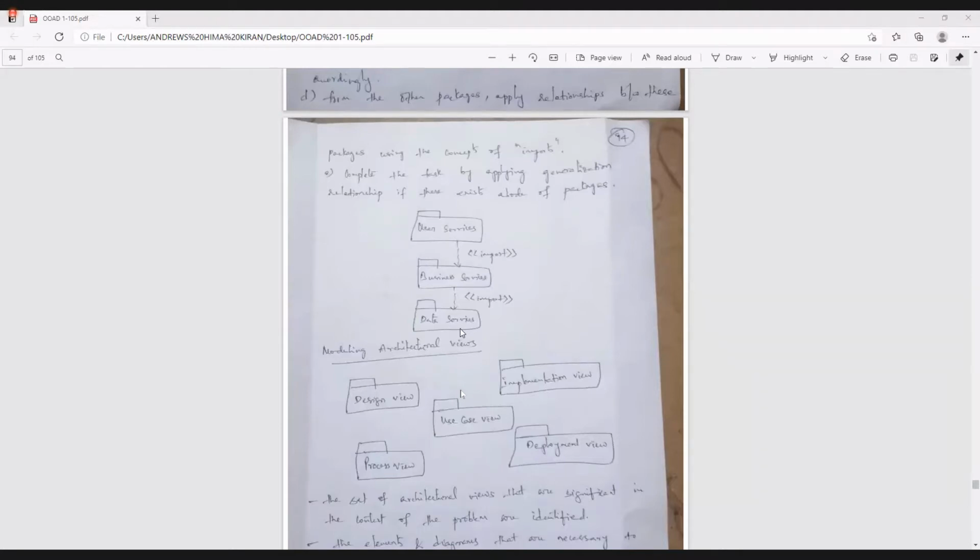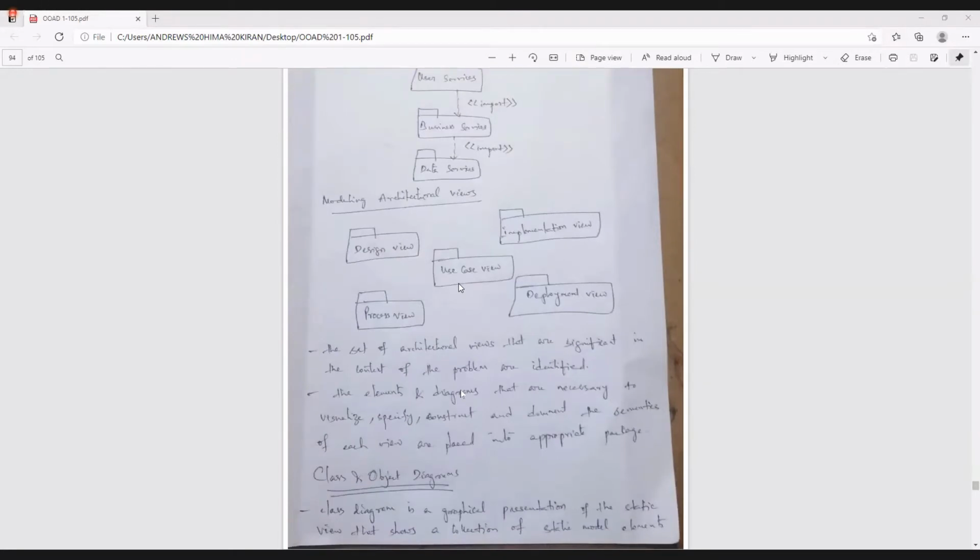I think you know, when x tends to y and y tends to z, obviously you can derive x tends to z; a to b, b to c, then you can conclude a to c. In the same way, user services is importing business services. In turn, business services is importing the data services. Obviously, we can conclude user services can include the data services.